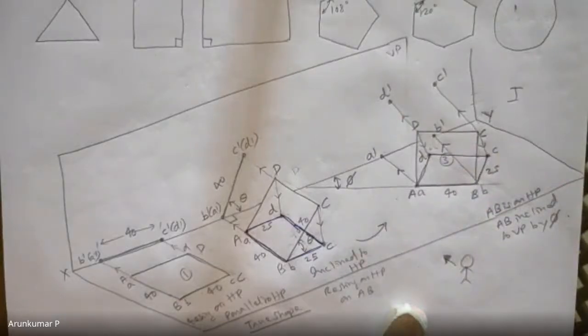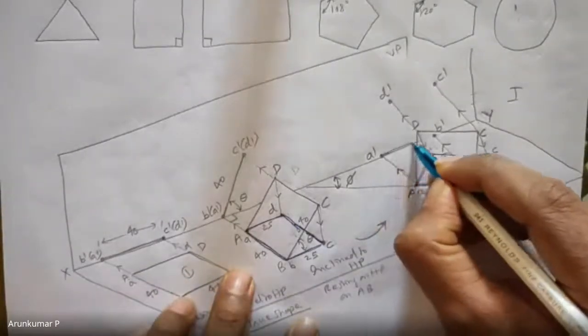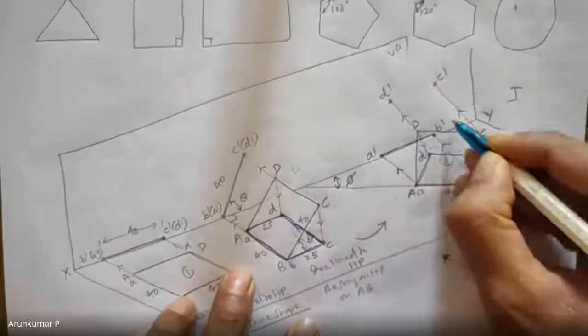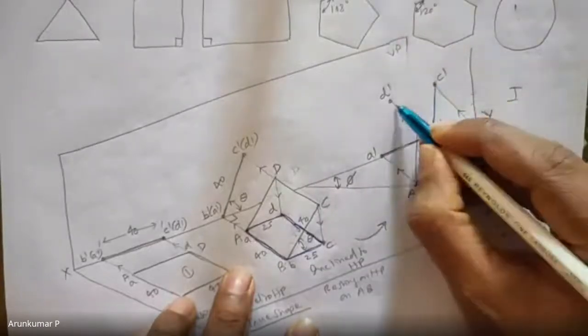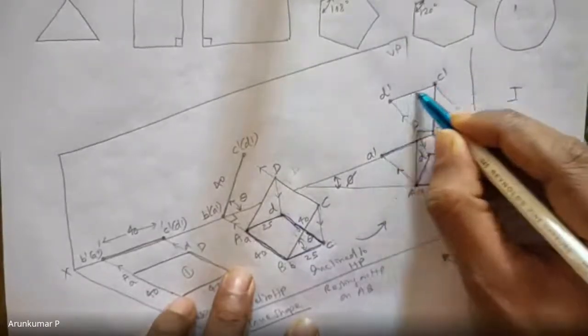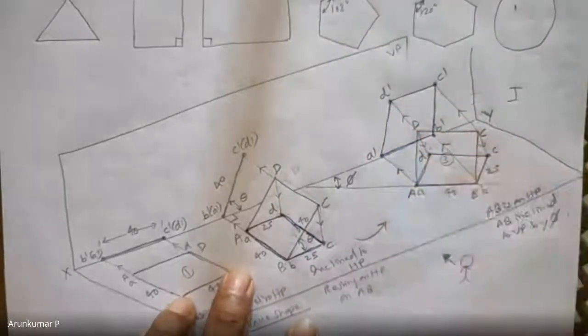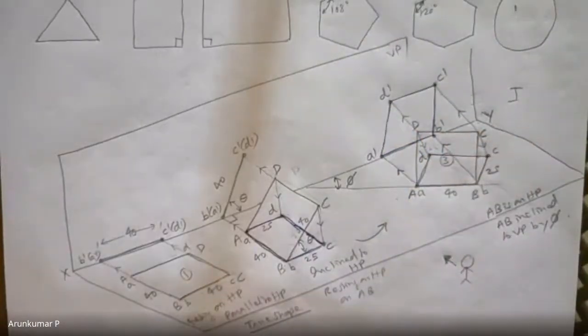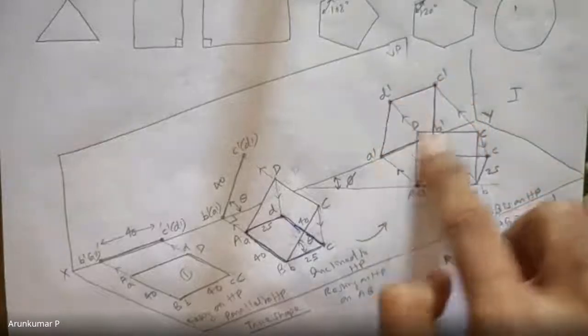Now if I join them, what will I get? I will join A dash to B dash, B dash to C dash, C dash to D dash, and D dash back to A dash. So what am I getting? Is this a square? Can I call this entity as a square?